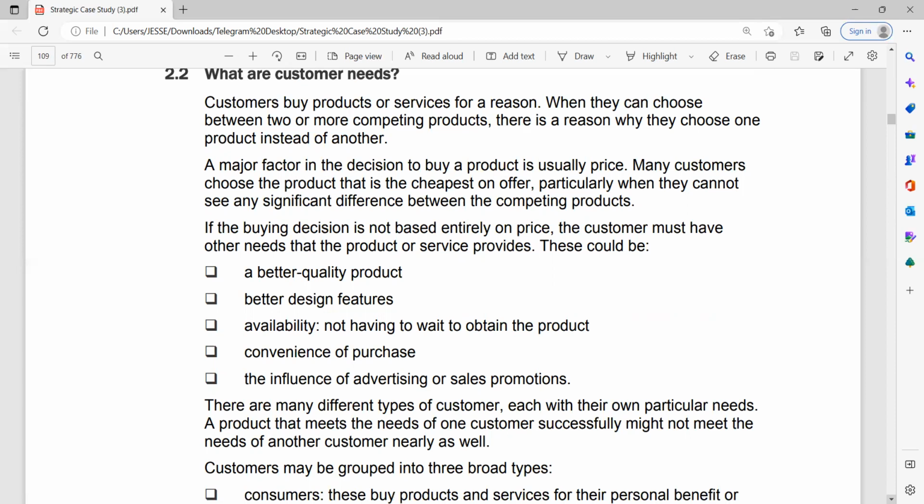Now, what are customer needs? Every customer has a need. There's a reason why they buy products, to fulfill a particular need.